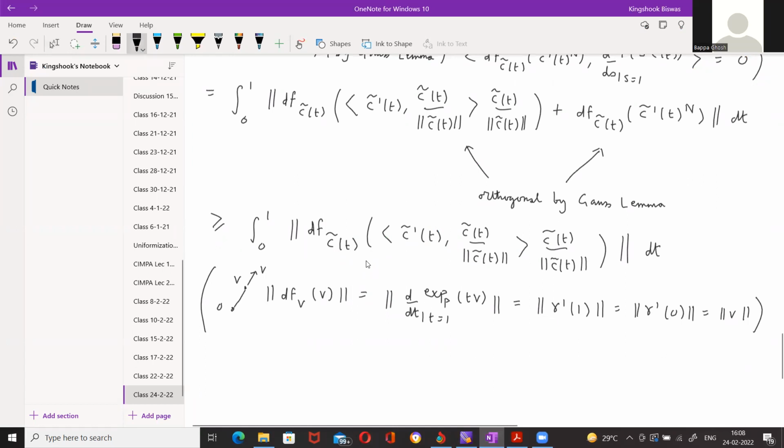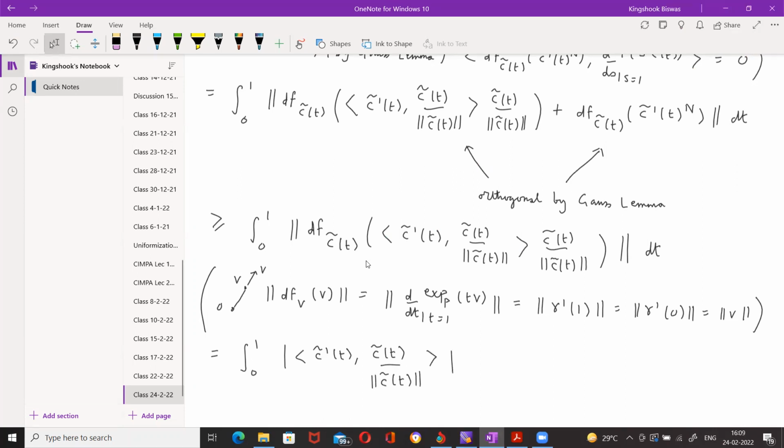So this integral will become just the integral from 0 to 1 of the modulus of the inner product of C tilde prime t and C tilde t, over the norm of C tilde t, dt.